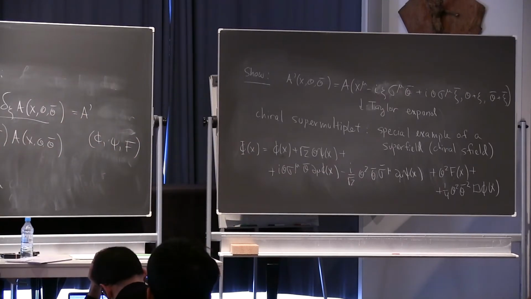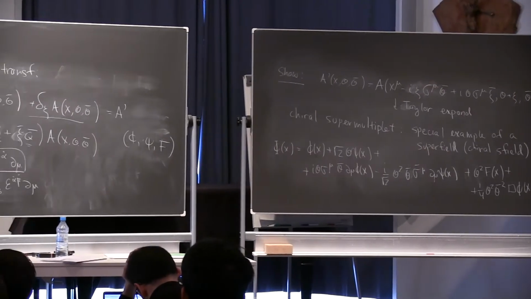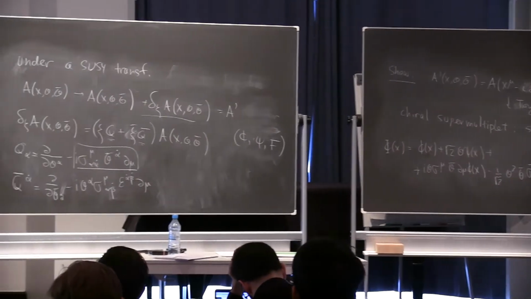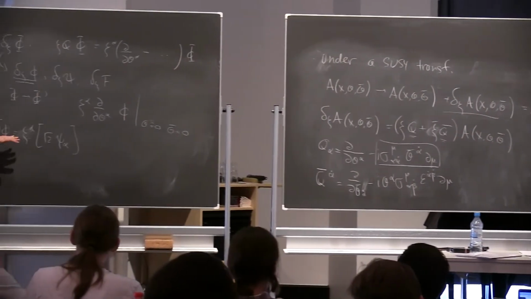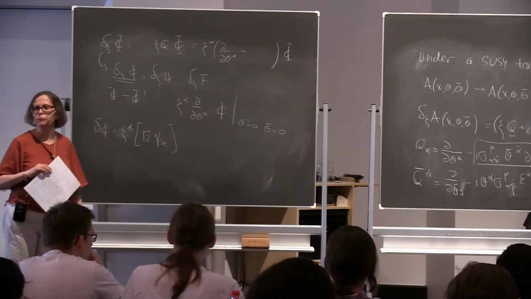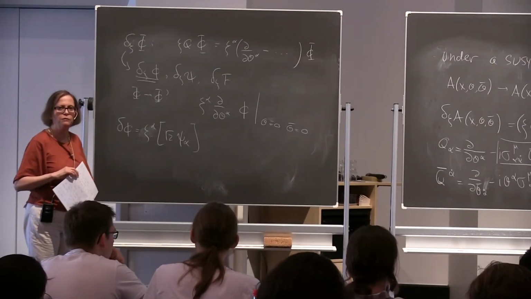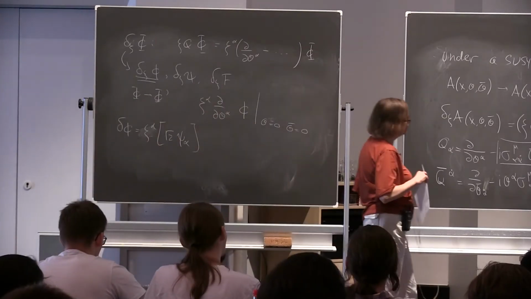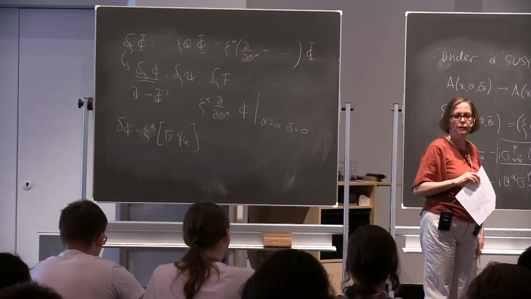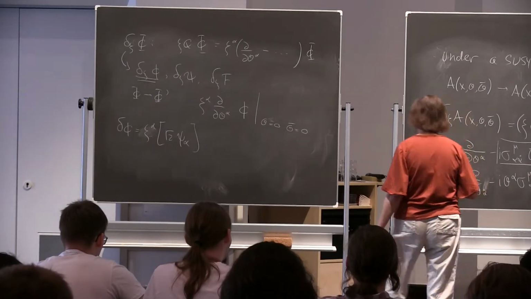So this is really the only thing that we have. Okay? If you go back and look at the transformations that we wrote down, this was exactly the transformation that we wrote down for the scalar field. You can repeat this for the whole thing and convince yourself that that's really true.